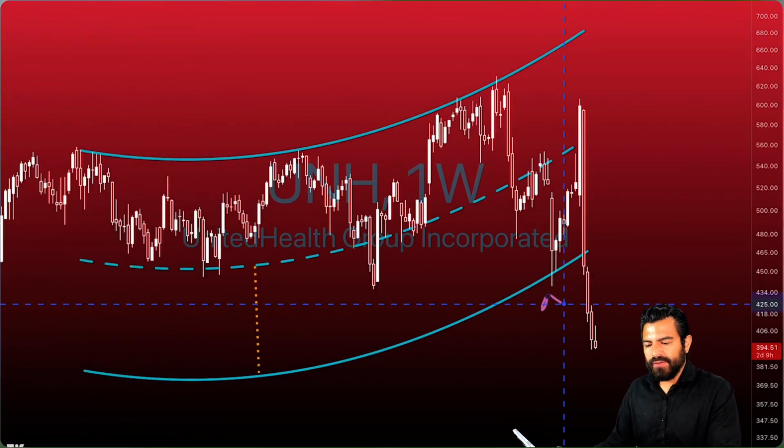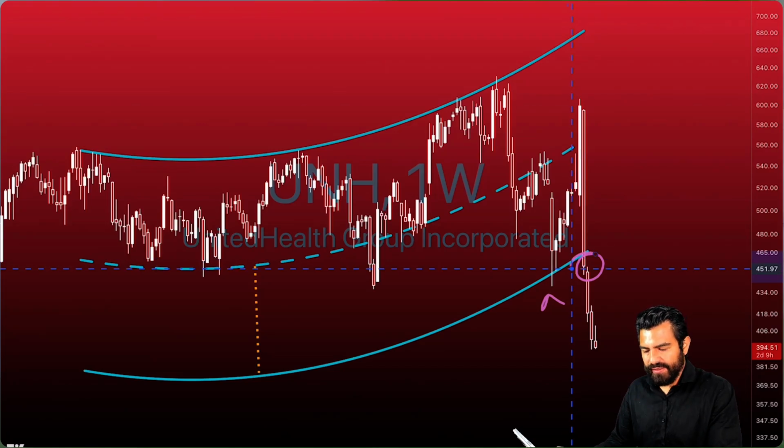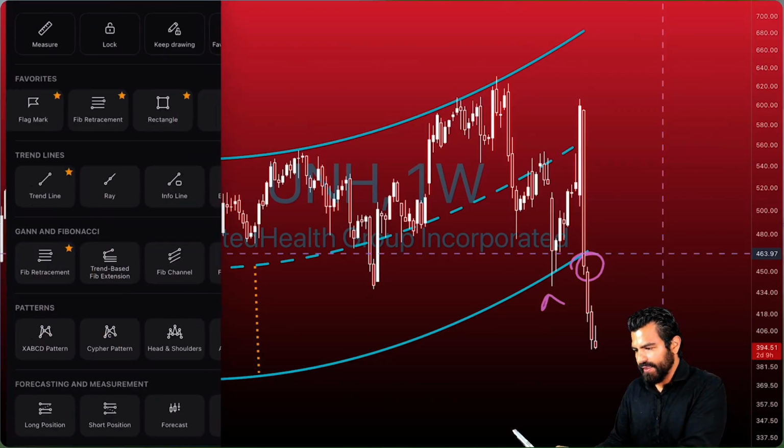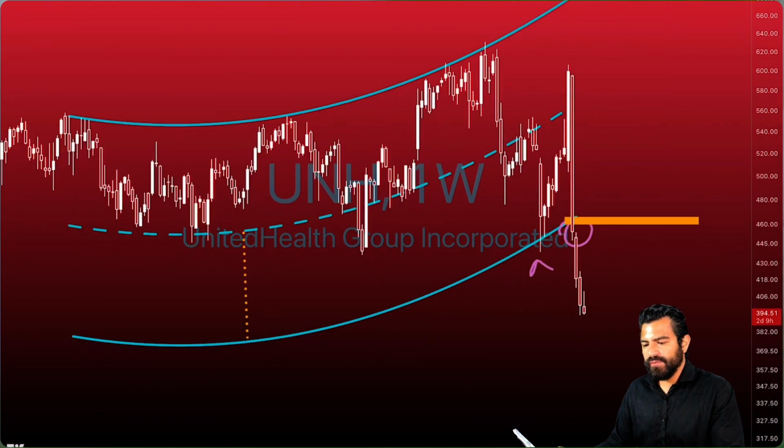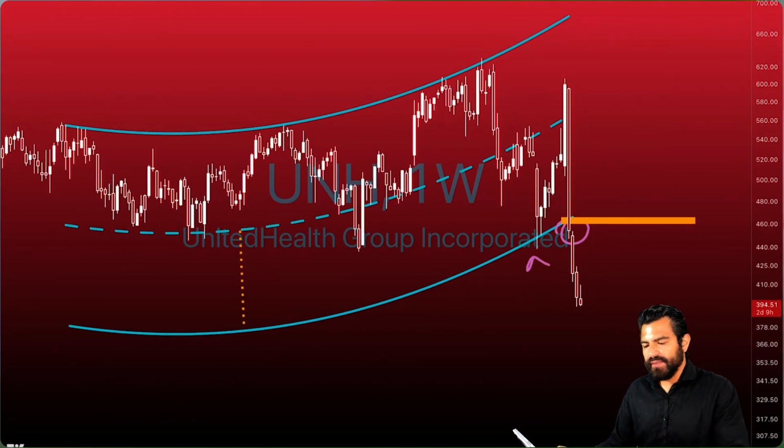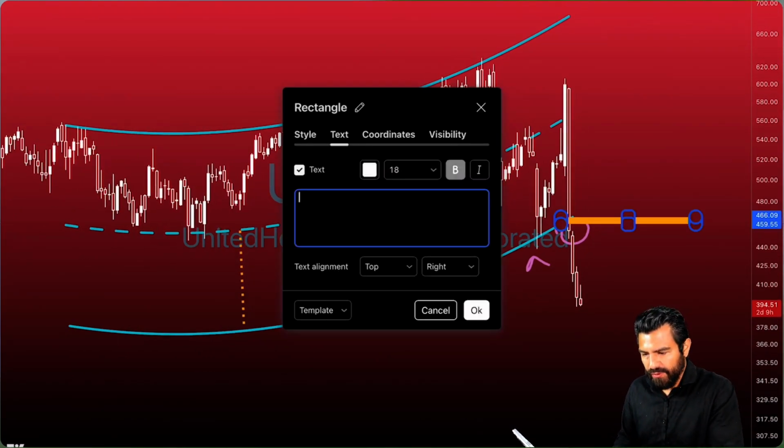Okay, so this here is therefore a weakness, and if we come back up, we're going to be looking probably at the sword cut area from here. This would be some type of sword cut. And it's one of the more advanced sword cuts, but I'll be paying attention to 466 to 459.